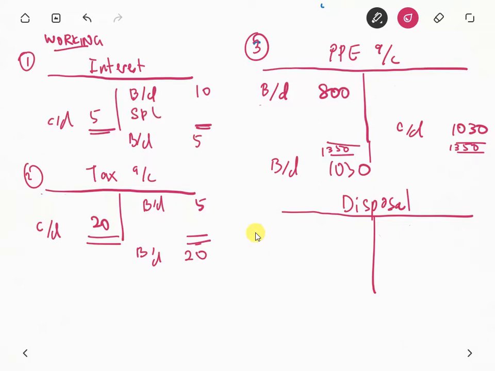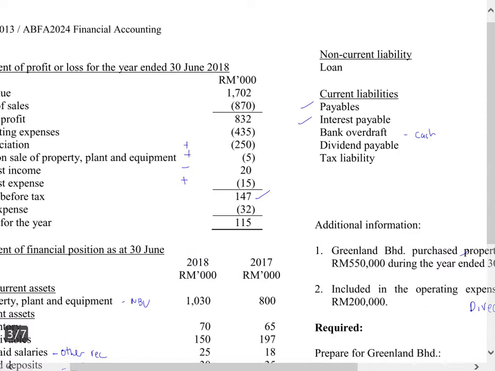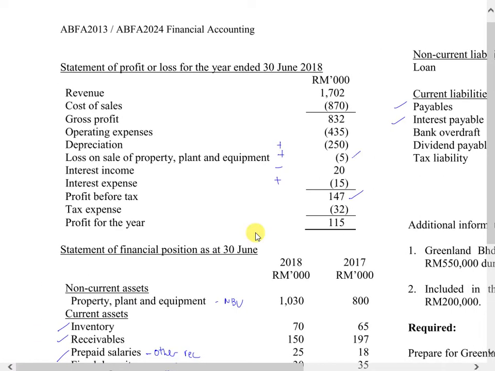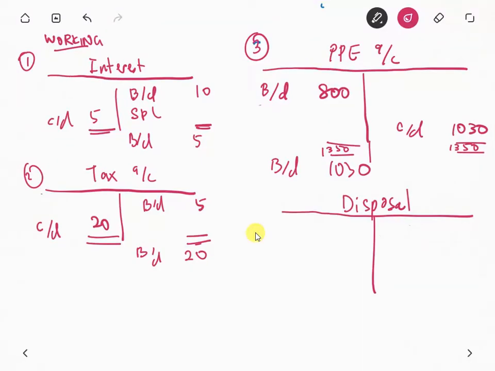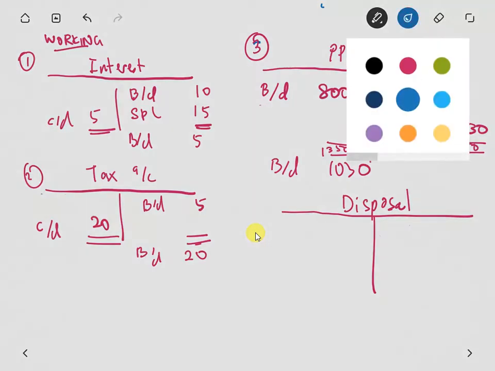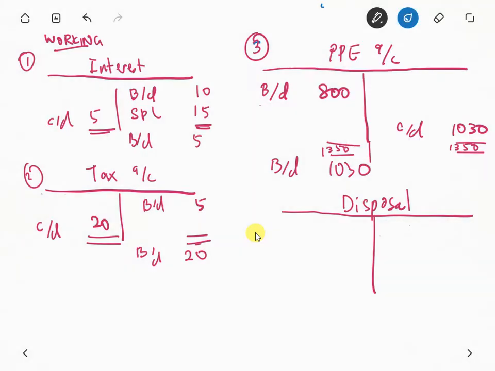How much is the expense? Sorry, 15. So SPL is 15. What is my balancing figure? 25 minus 5, 20. So this is my interest paid.